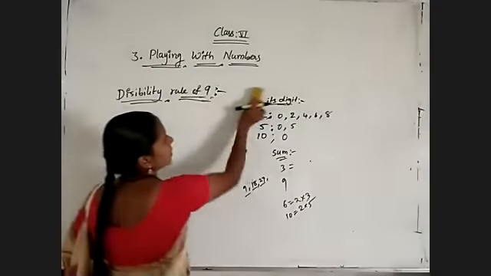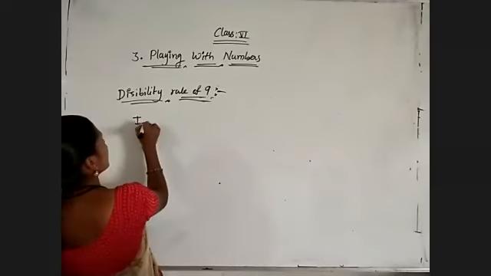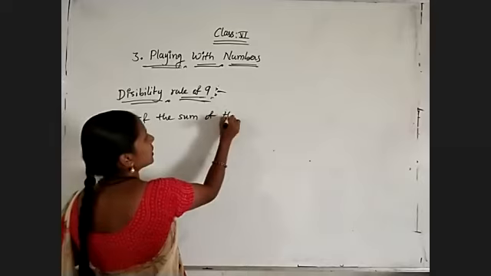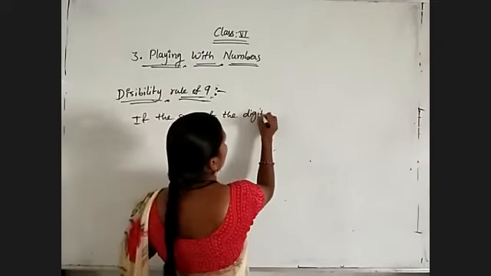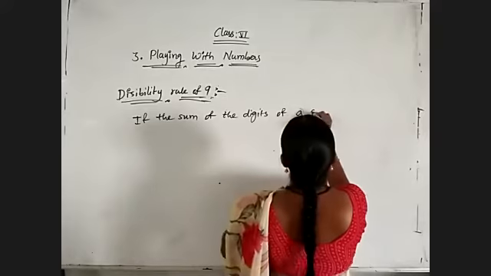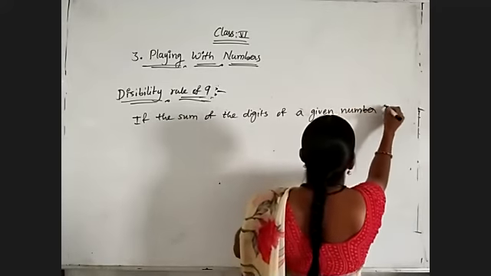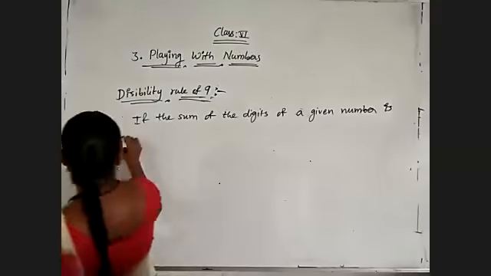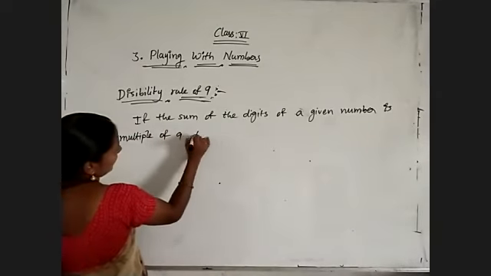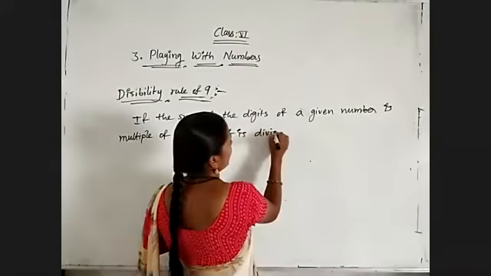So what is the divisibility rule of 9? If the sum of the digits of a given number is a multiple of 9, then it is divisible by 9.